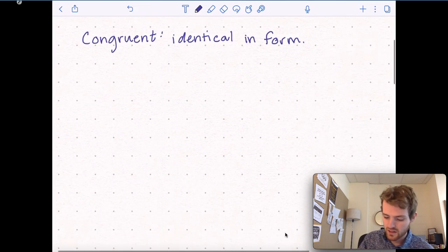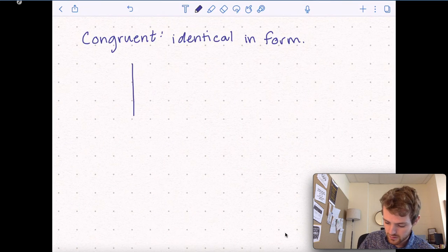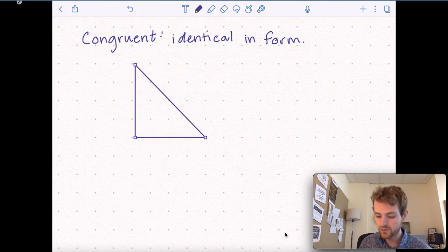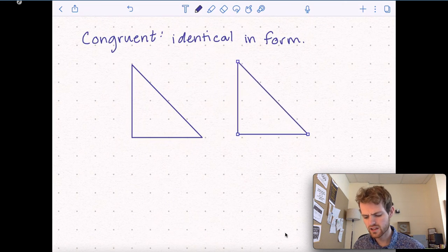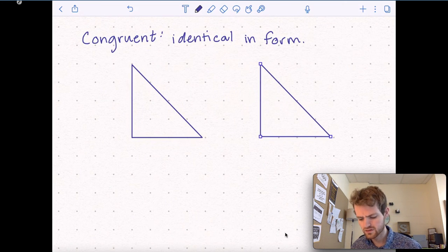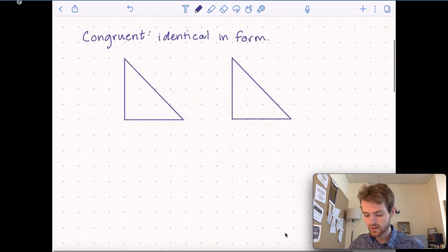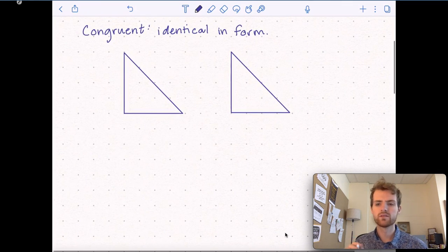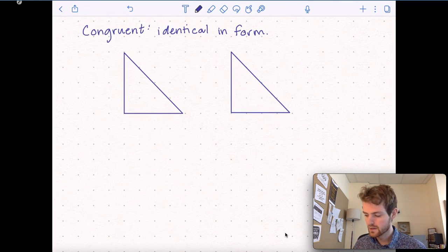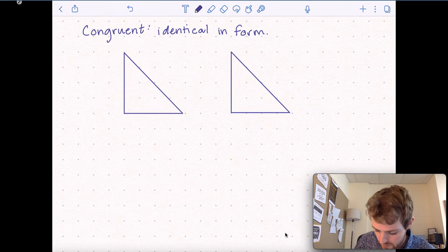In our units talking about congruence, we primarily worked with triangles. And we were able to say that if these are congruent, we know specific things.